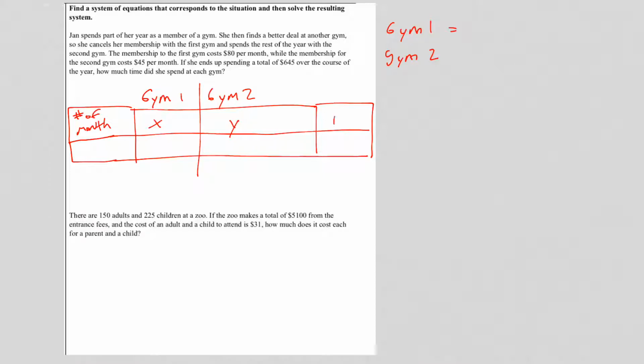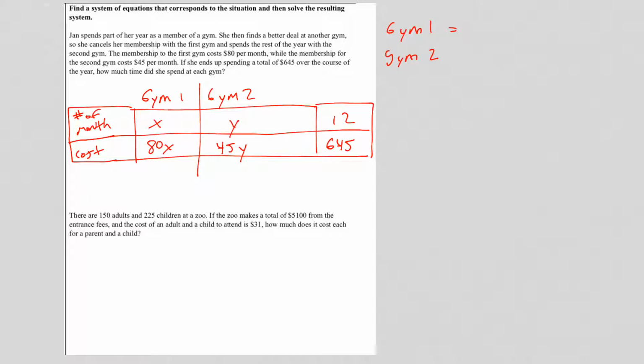And in a year, that's equal to 12. And then we have the first gym costs $80 a month plus the second gym costs $45 a month. And combined over the course of a year, she spent $645.